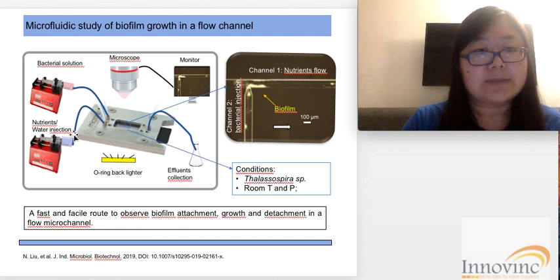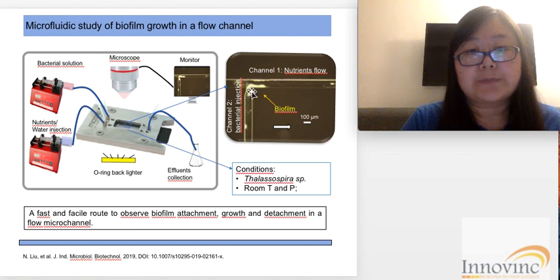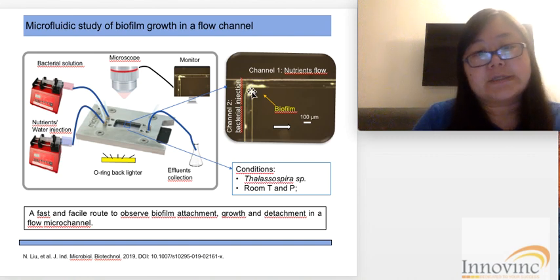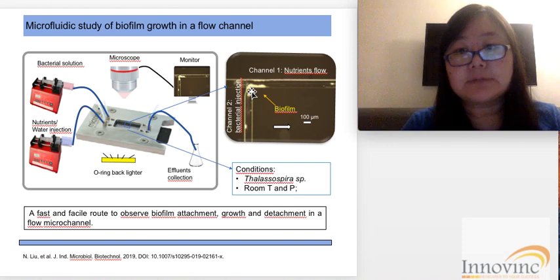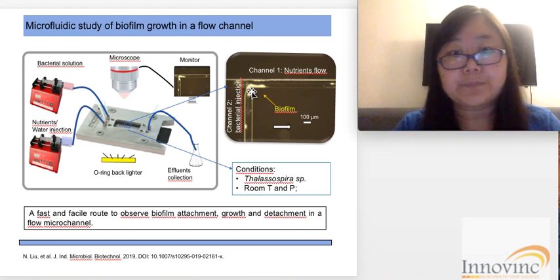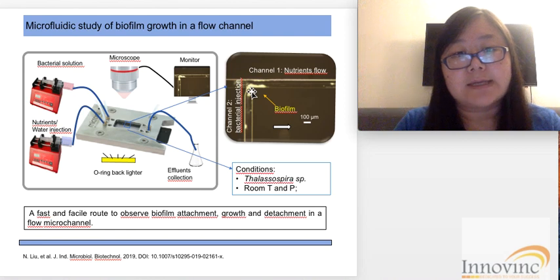During the experiment, we first inoculate the bacteria into the system through this channel for 24 hours, and then we close the system for 20 hours to let the bacteria have time to attach to the solid surface. After that, we start to inject the nutrient solution to let the biofilm grow.